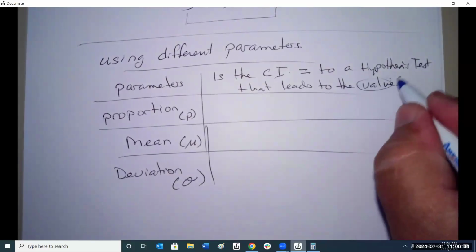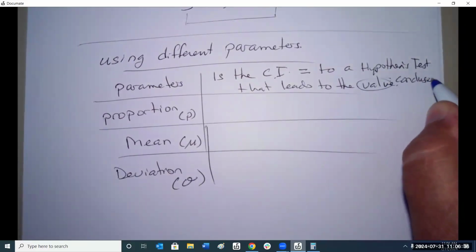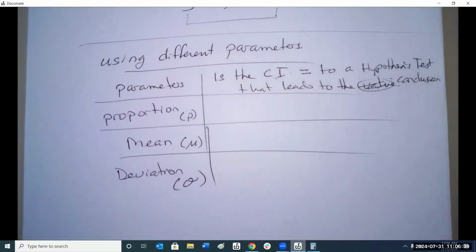I should say conclusion instead of value, because value means the numbers are the same. So are they the same?